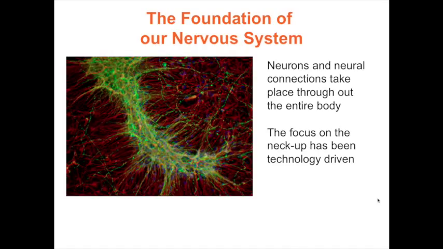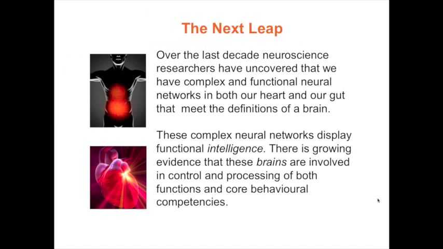So a lot of what you've been seeing on the documentaries has been about the head brain and new breakthroughs that are a result of new technology showing us the brain in action, live, working. So massive new understandings of how complex and how amazing it is have come out. But neurons don't just exist from the neck up, and our nervous system is more than just our head brain.